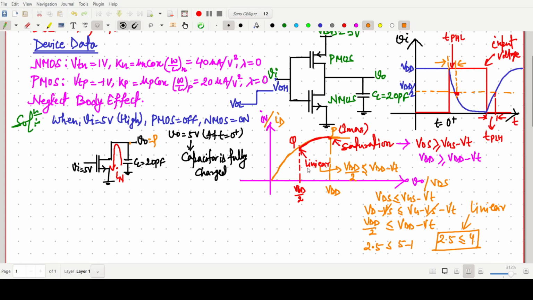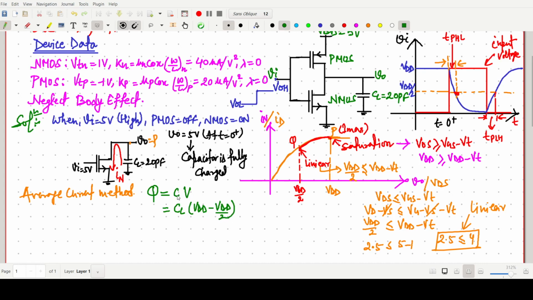Basically in this question we can solve this one by using the average current method. Now you just think about the charge. As we know, Q equals CV. The capacitance is CL and the voltage changes from VDD to VDD by 2, so it should be VDD minus VDD by 2.